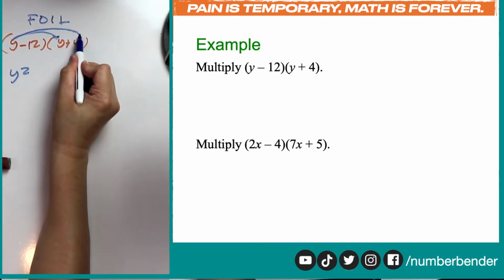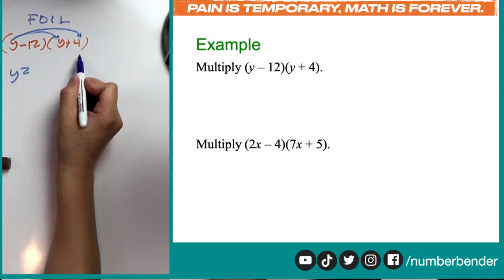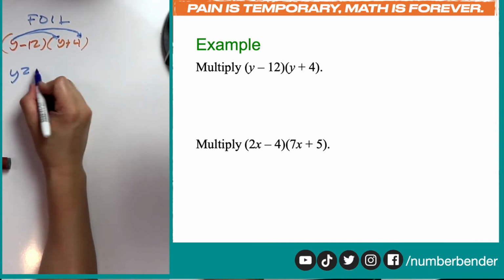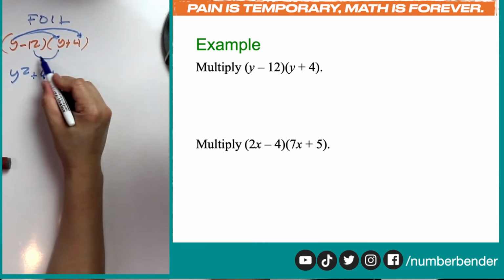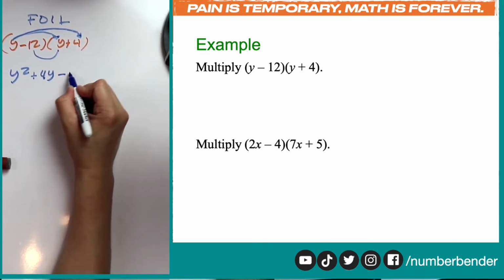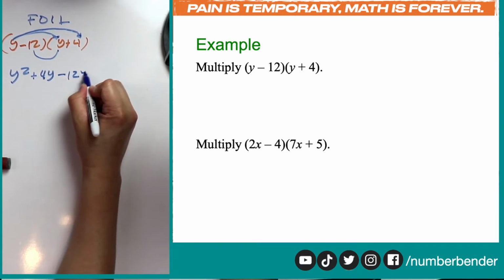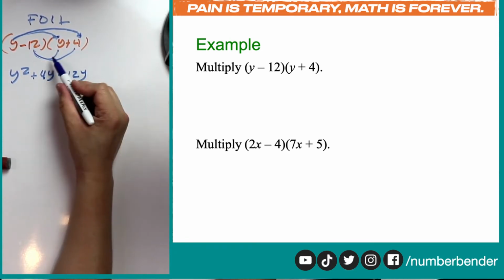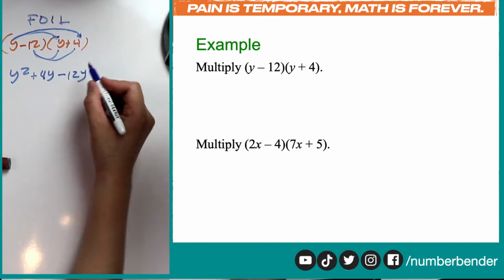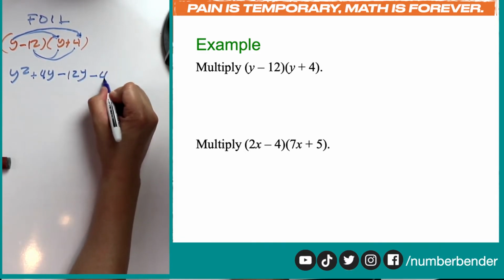The outer terms, y times 4, is positive 4y. Inner, which is negative 12 times y, so we have negative 12y. And last terms, negative 12 times positive 4, which is going to give us negative 48.